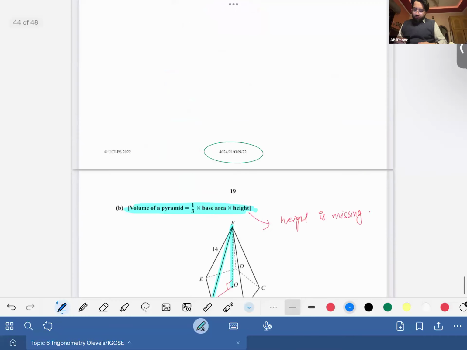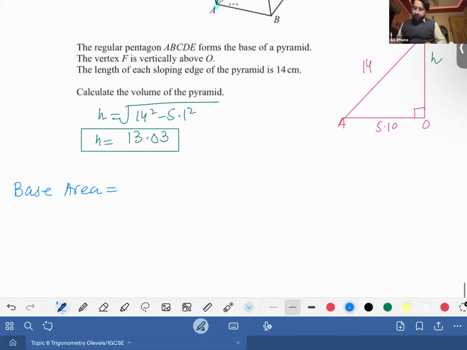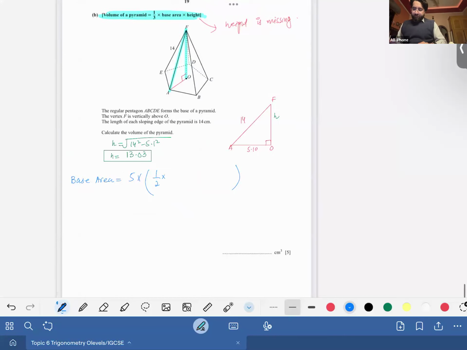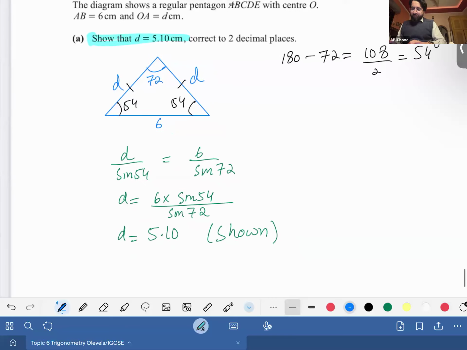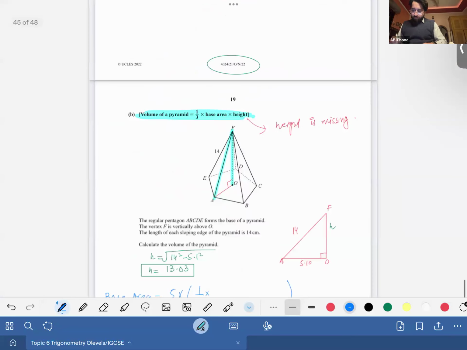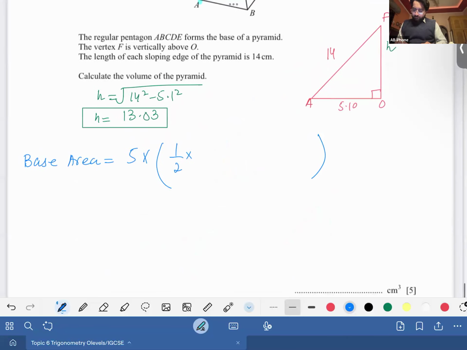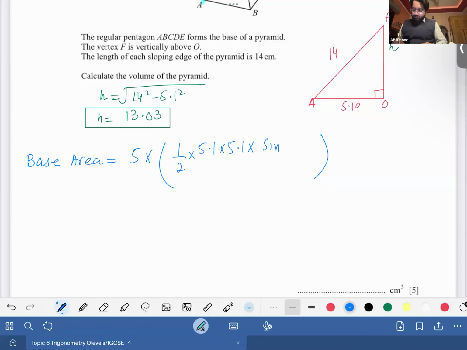So 5 times the area of a triangle, 1/2 multiplied by the product of two sides, for example 5.1 and 5.1, multiplied with sine 72. That's the base area. So what is the answer? Sir, 60.62.